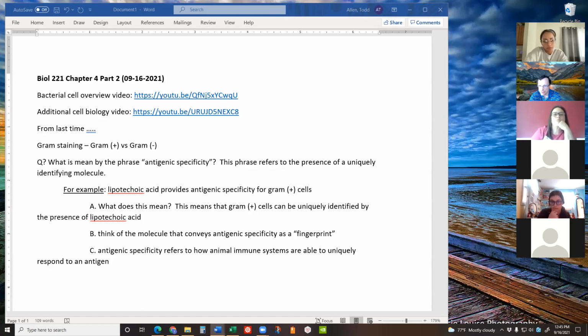Okay, very good, Chelsea and Rachel. Absolutely. Antibodies, right? An antigen is something that's seen as foreign and potentially threatening by the animal immune system. And so what does the animal immune system do? It responds by making antibodies. And what do antibodies do? They bind to specific, unique targets, hence the phrase antigenic specificity.